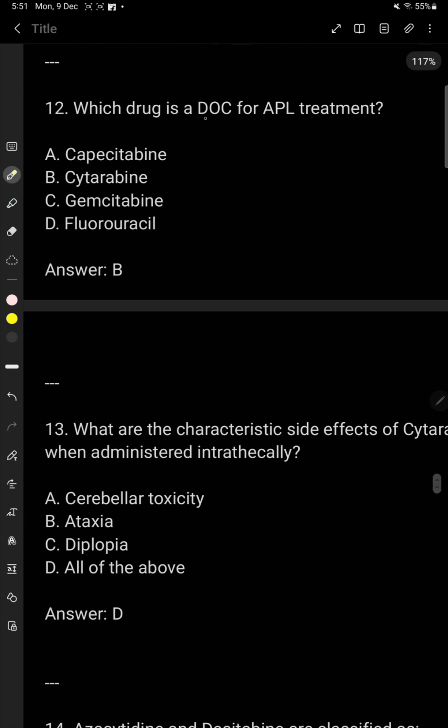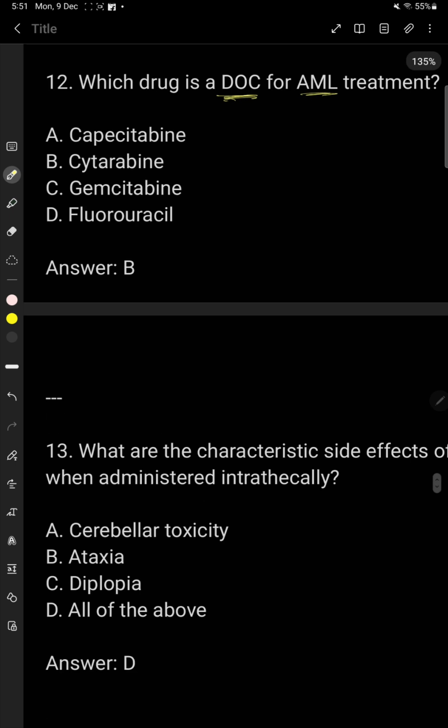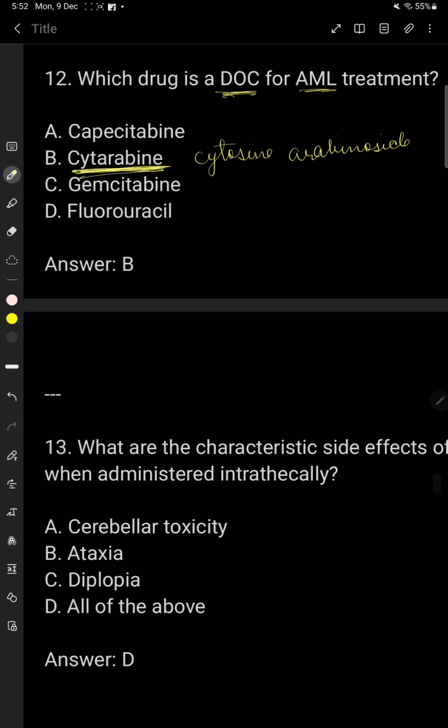Which drug is the drug of choice for AML treatment? Cytarabine, it is a pyrimidine analog. Its other name is cytosine arabinoside. So cytarabine is the drug of choice for AML.